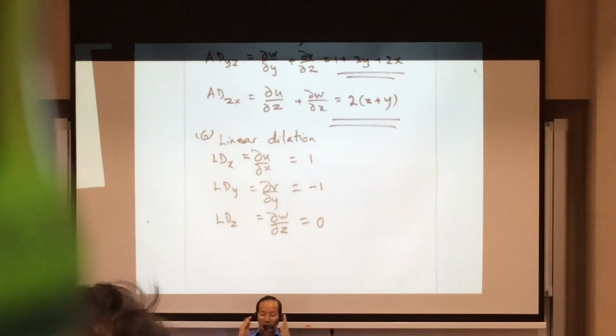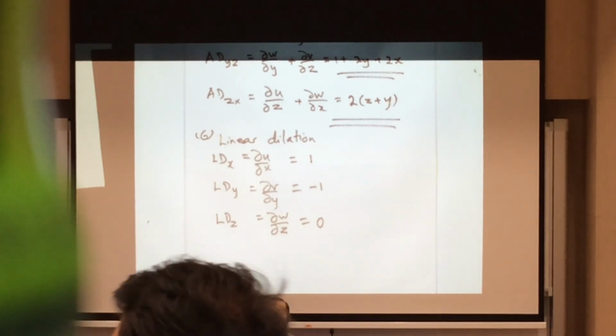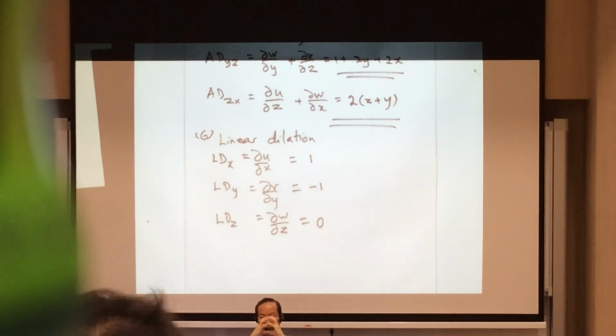Imagine this is a cube, the fluid element. So del u del x is the extension of the length of this cube in the x direction. Any extension or not? We found it to be equal to 1.